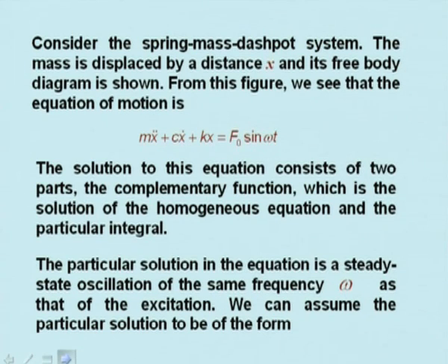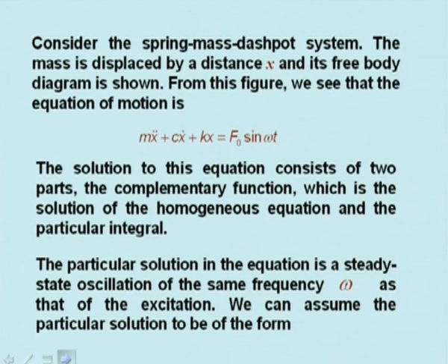The solution to this equation consists of two parts. One is called the complementary function, which is the solution of the homogeneous equation. That means if we solve m x double dot plus c x dot plus kx equal to 0, we will get one solution, called the solution of the homogeneous equation.